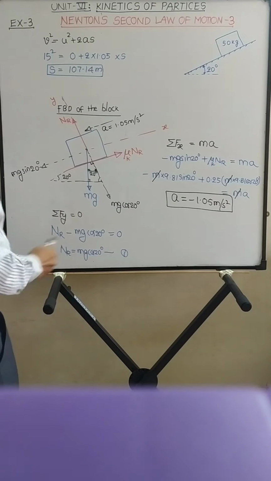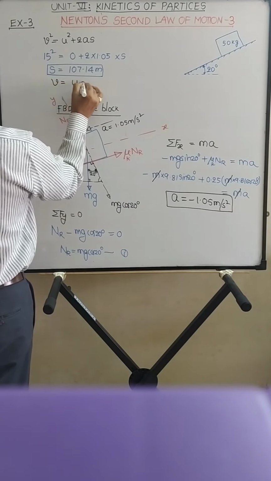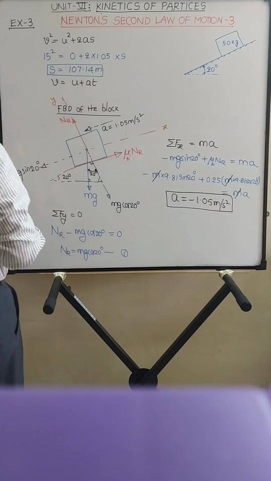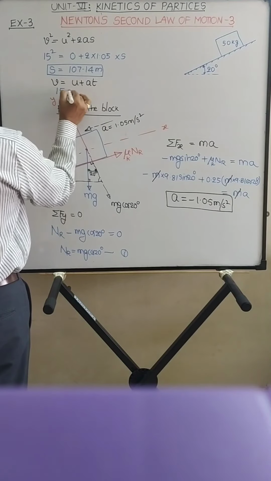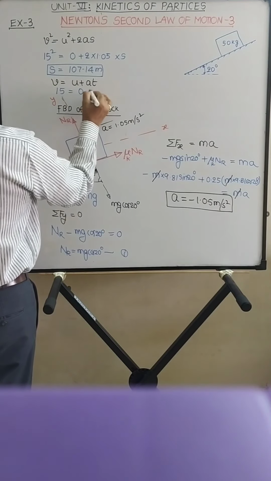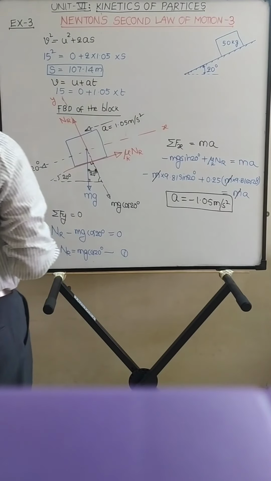Now to find out the time taken, I will use the equation v is equal to u plus at. So here v is equal to 15, u is equal to 0, a is equal to 1.05 into t.